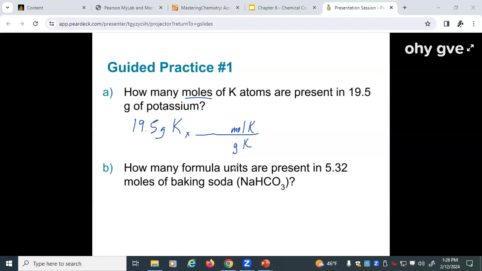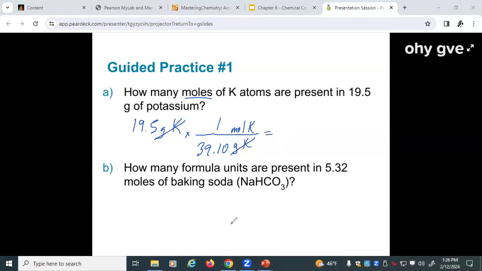Molar mass for potassium, I can pull off my periodic table. It is 39.10 grams in every mole. My grams of potassium cancel.